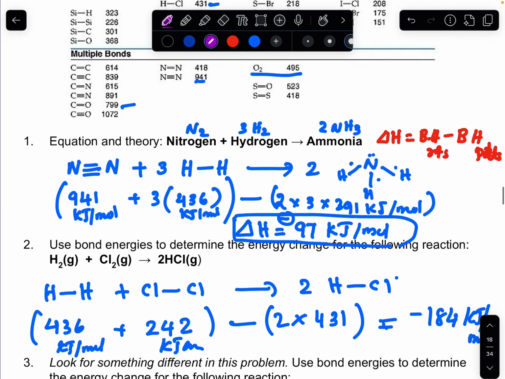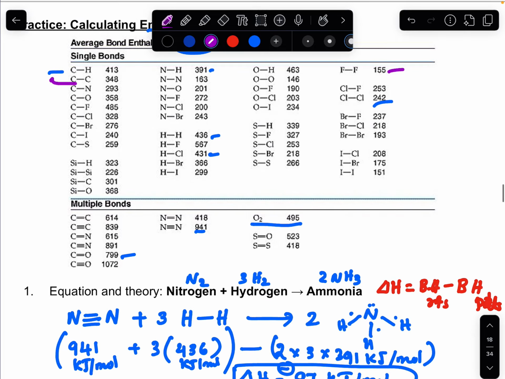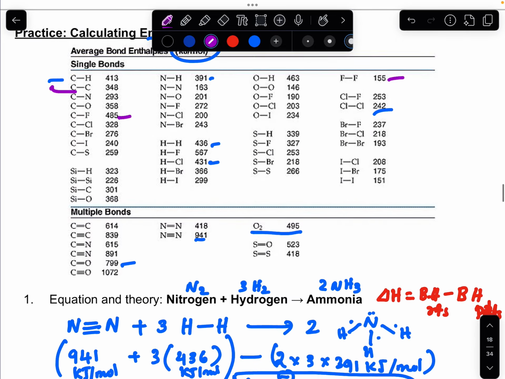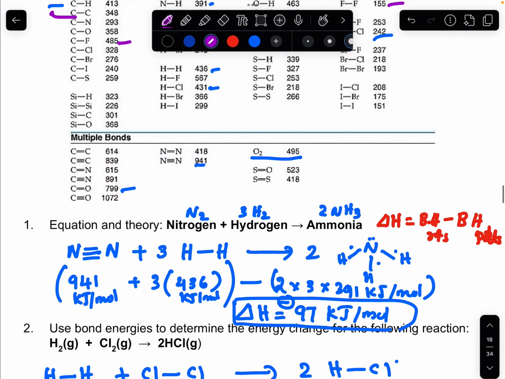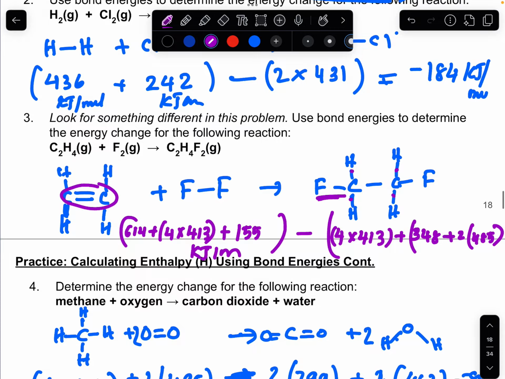So 2 times what is the C-F bond? C-F is 485. So you are going to do that, everything in kilojoule per mole, add and multiply, add and then subtract. Then you will get the answer, negative 549 kilojoule per mole.